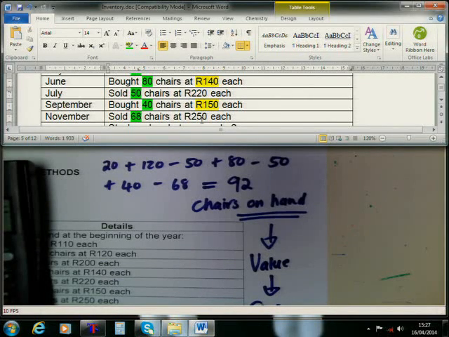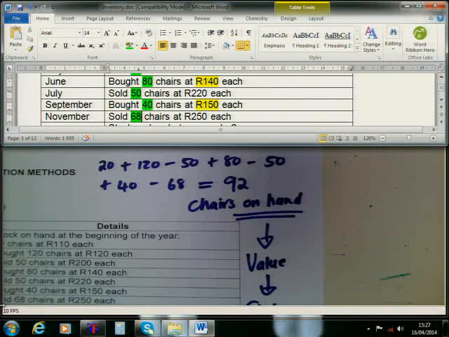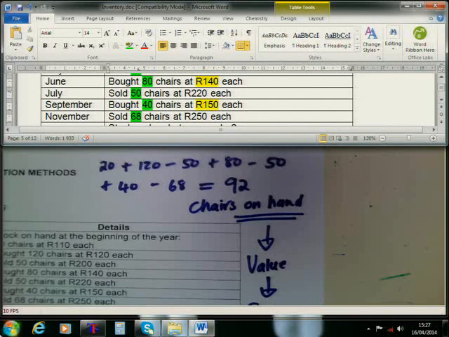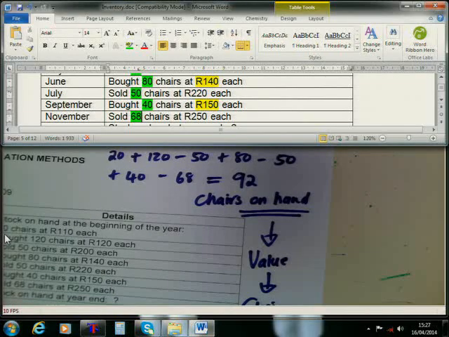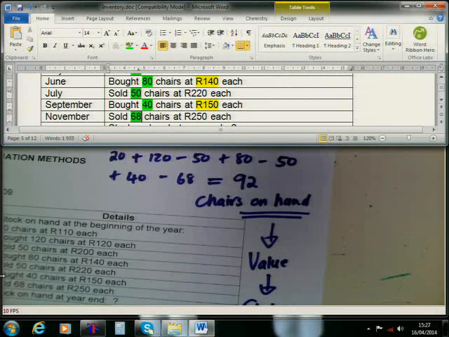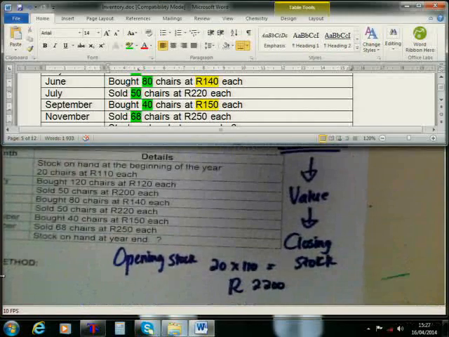Where's opening stock? Where's your opening stock? Is the 20 chairs times the 110 rand at the beginning of the year. 20 chairs at 110 rand, that was your opening stock, 2,200.